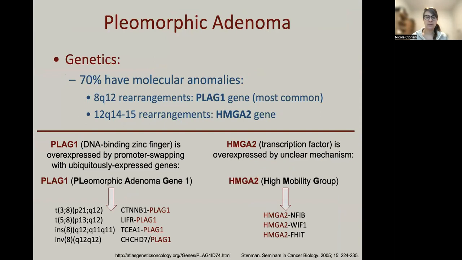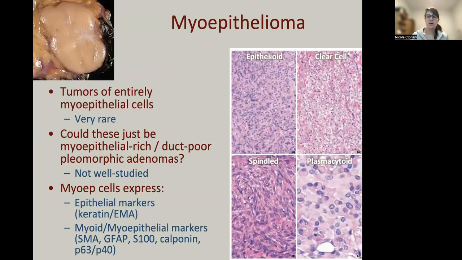The genetics of pleomorphic adenoma are generally PLAG1 gene rearrangements or HMGA2 gene rearrangements, seen here. There are some tumors that are composed entirely of myoepithelial cells, but those are quite rare. One might perceive that they are myoepithelial rich pleomorphic adenomas.